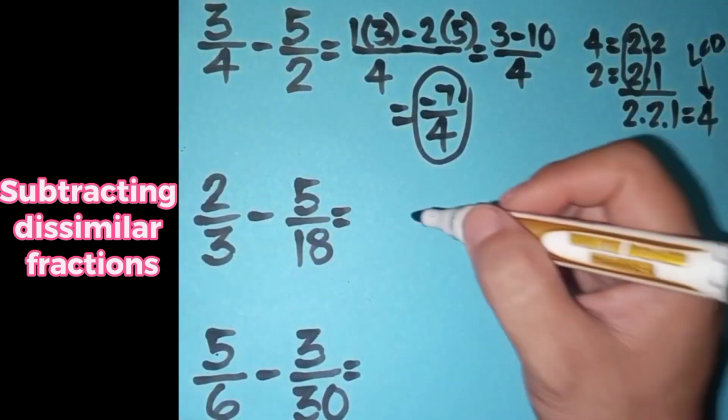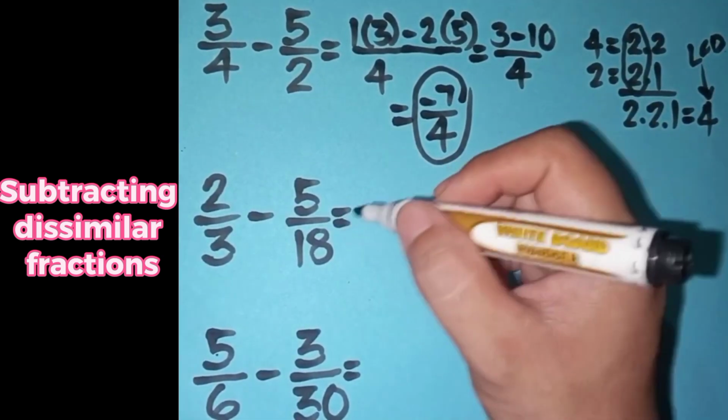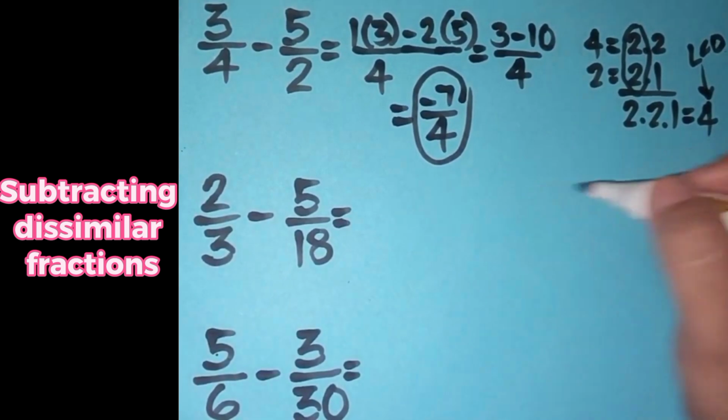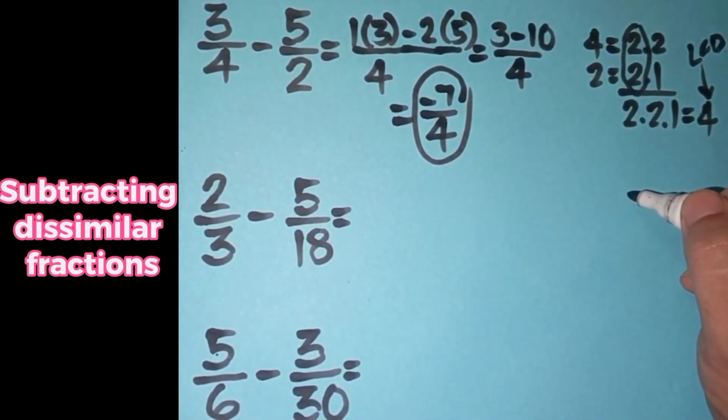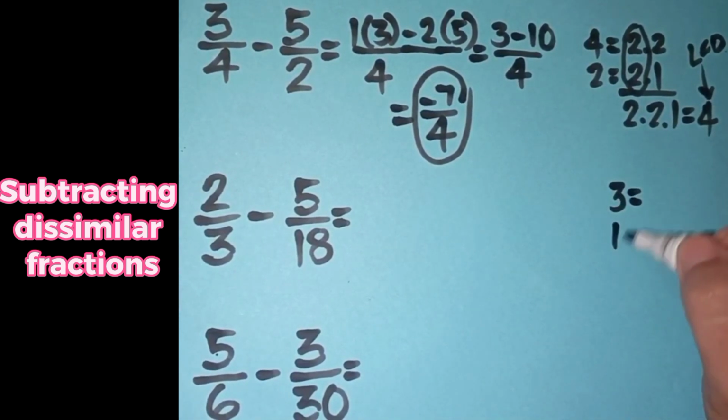Now we come to number 2. 2/3 minus 5 over 18. Again, we have to find the LCD, the least common denominator. So we have to factor 3 and 18. So 3, that is 3 times 1. 18, you have there 3 times 6.